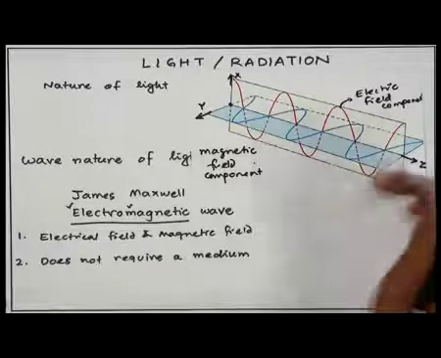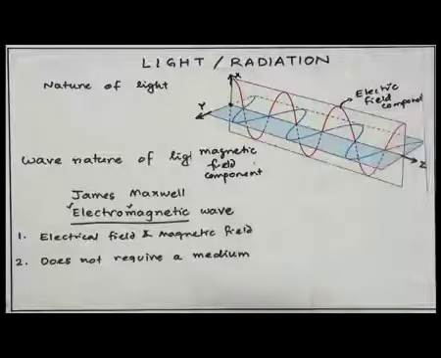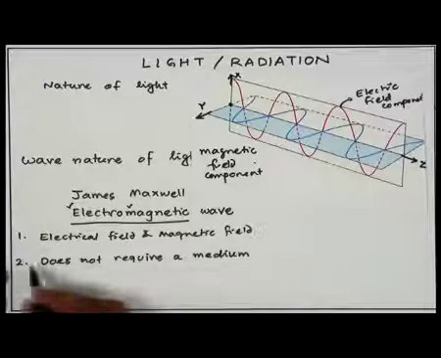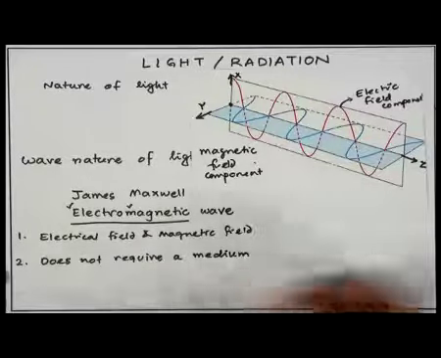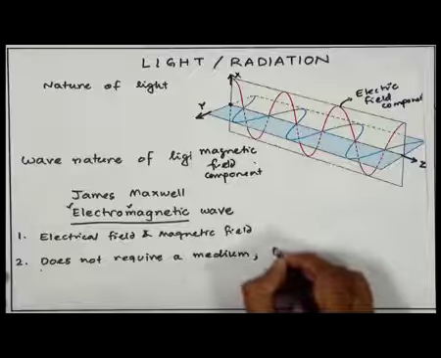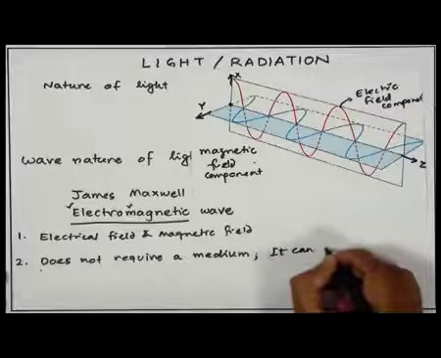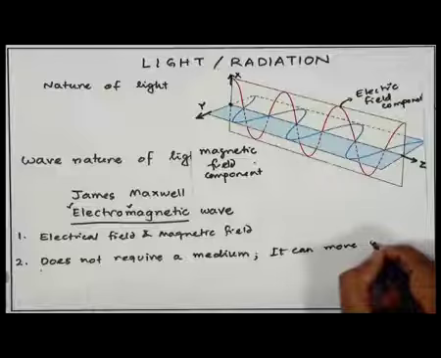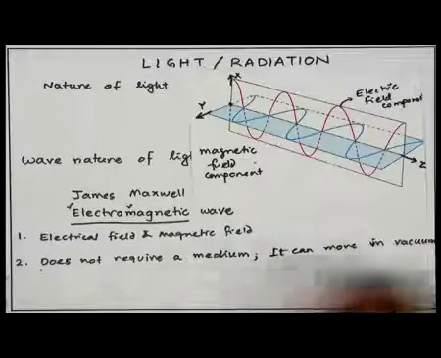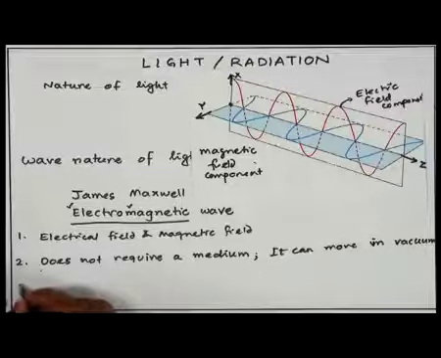Other waves require a medium to be propagated, to move. But electromagnetic radiation does not require any medium to move. So, therefore, it can move in vacuum. This is a very important property.